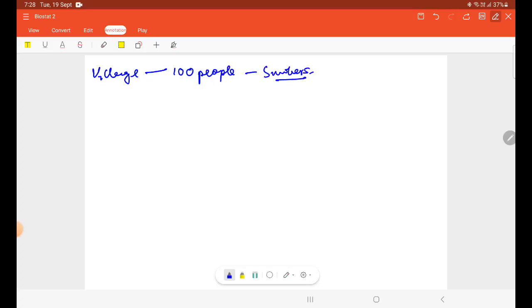And we have to say various things like the relation of smoking with their age. So first we have to understand their age distribution, and we can express it in the form of a histogram, the age distribution. Okay, so we shall plot it.